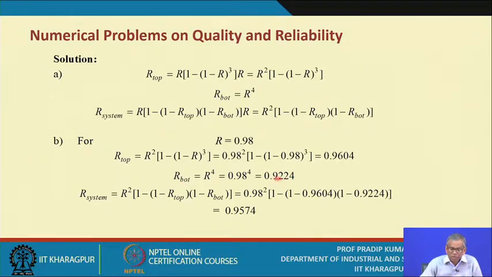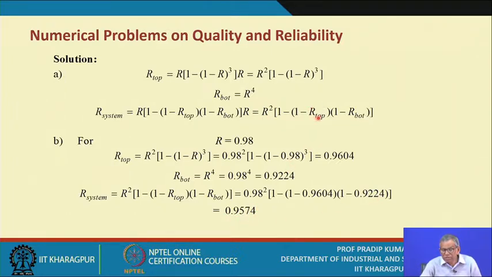Because if the system is in a series configuration, the system's reliability is expected to be lower. And then for the overall system's reliability, you have these expressions over here. You take the value of R as 0.98 and compute this.